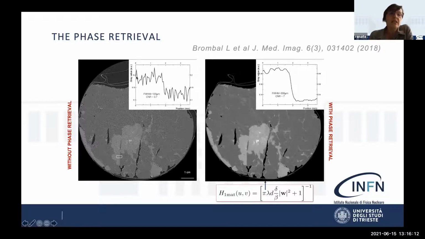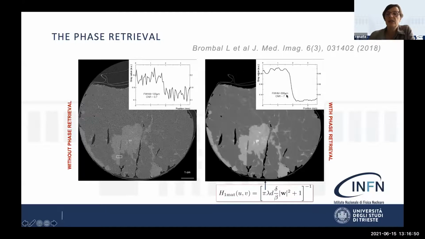Well, here you see the signal profile across this threshold without the phase retrieval. You see that we have a contrast to noise ratio of 0.7, and the full width at half maximum is not easy to calculate for this step, but roughly we calculate it as 120 micron. After the phase retrieval, which means after the application of the filter designed according to the physics of propagation-based imaging, this is the result.